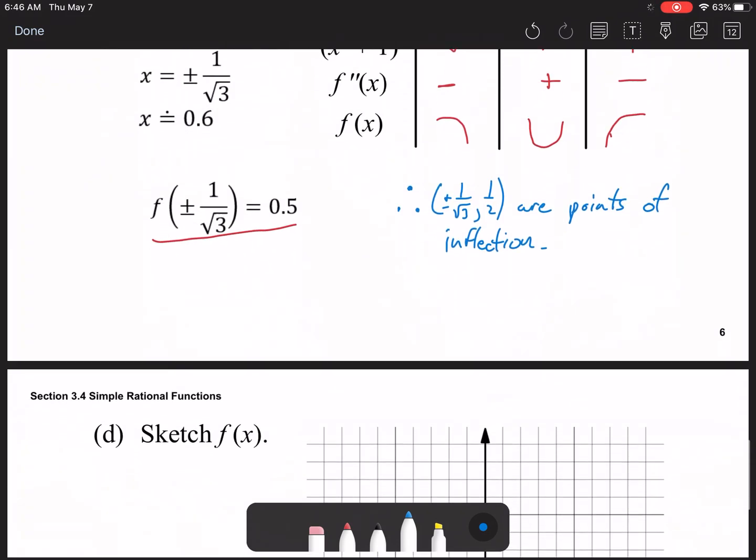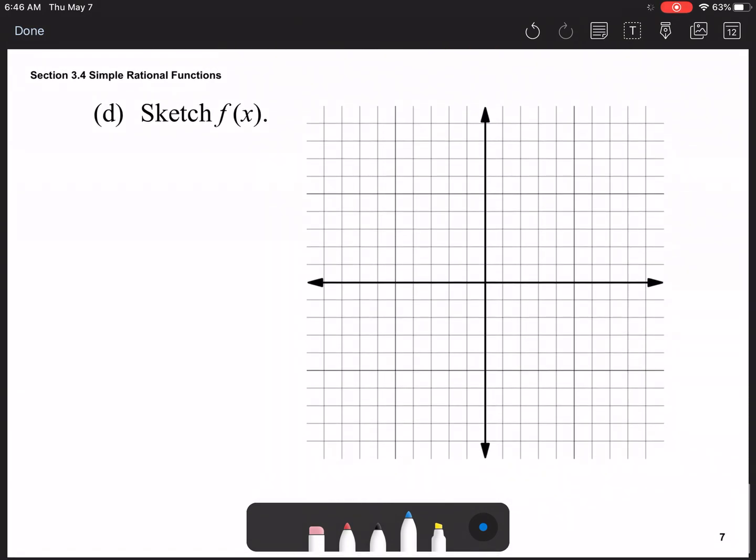Okay, so now what we can do is we can draw a sketch of what this graph might look like. So let's say this is where the value 2 is. So that's going to be our horizontal asymptote.